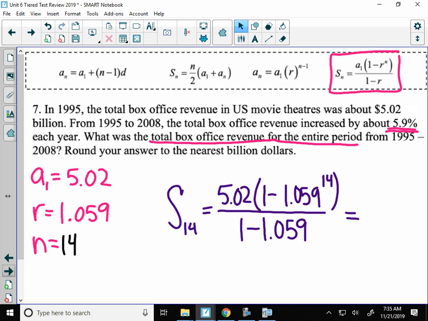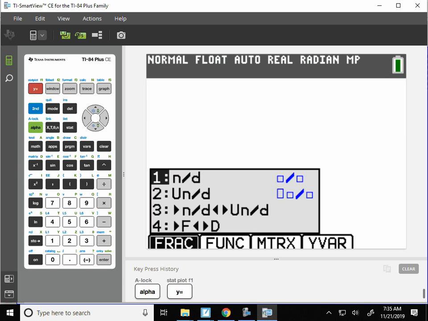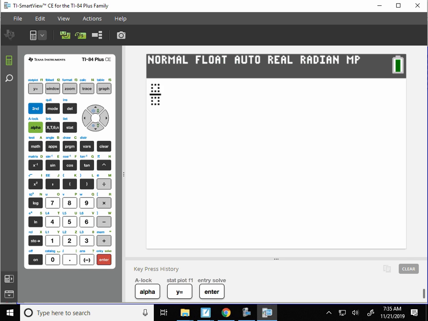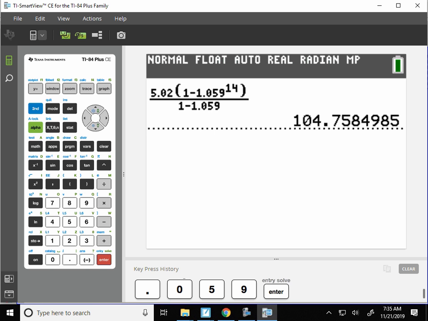It says here to round to the nearest whole $1 billion, so we'll do that. So let's see, I'm going to make a fraction. If you don't have that ability, that's totally fine. 5.02 is 1 minus 1.059. See, there we go, and that's about $105 billion.